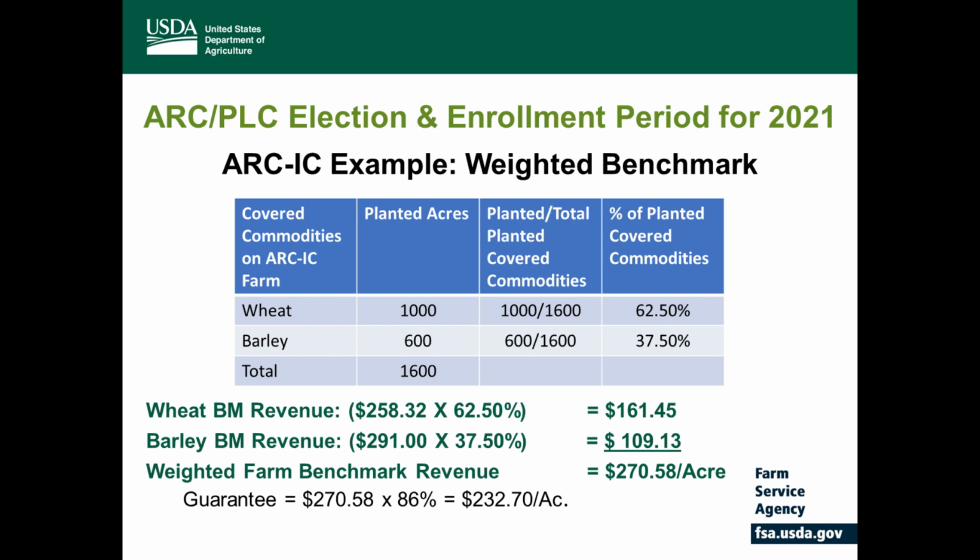So we add up our planted acres, and then we divide that out. So you can see for wheat, 62.5% of the farm was planted to wheat, and 37.5% was planted to the barley. In the next portion of the slide where it's showing the calculations, the benchmark revenue was calculated ahead of time here for us.